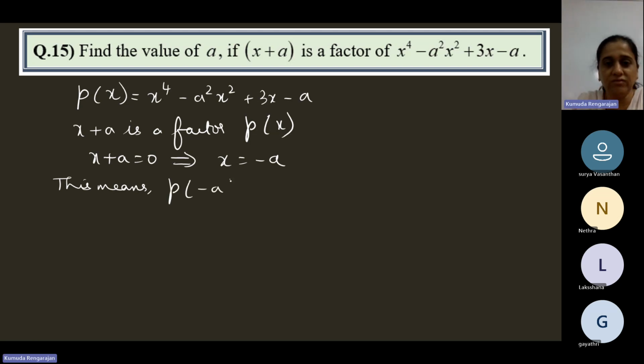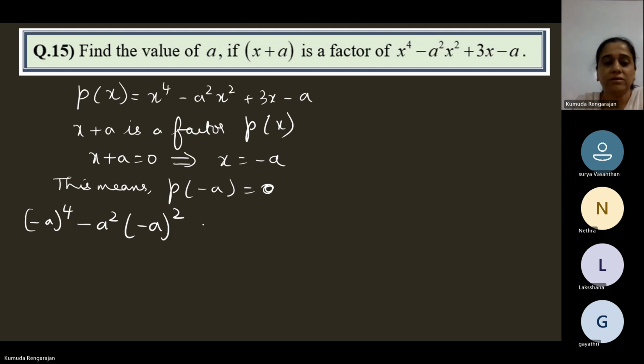P of minus a is equal to 0 because factor. Now how do you expand P of minus a? X to the power 4, so minus a to the power 4, minus a square x square minus a square plus 3 into minus a. Then minus a is equal to 0.